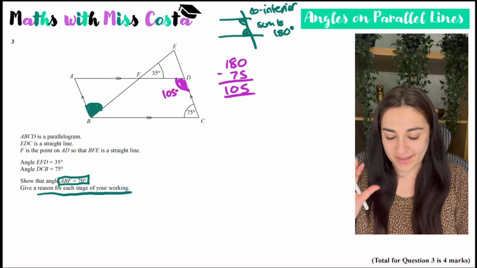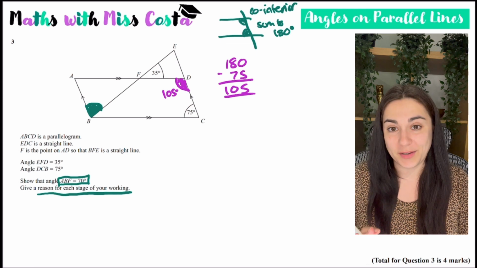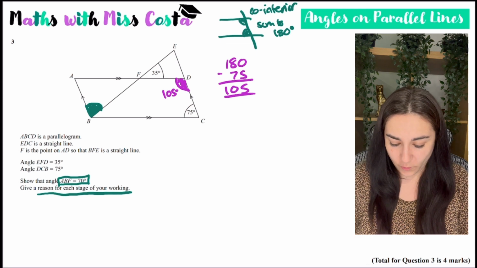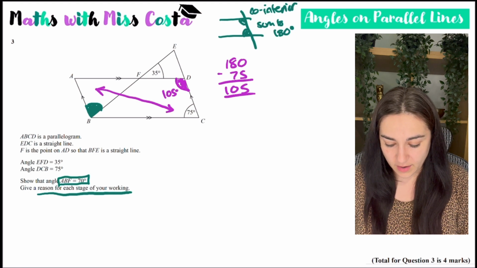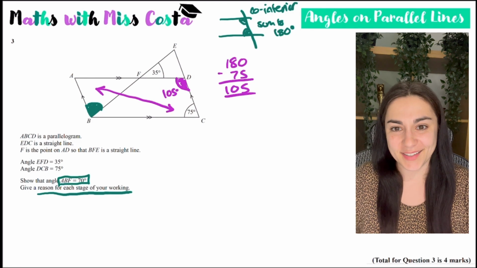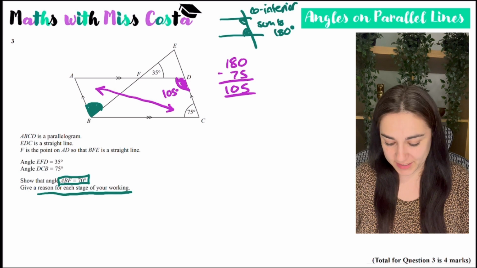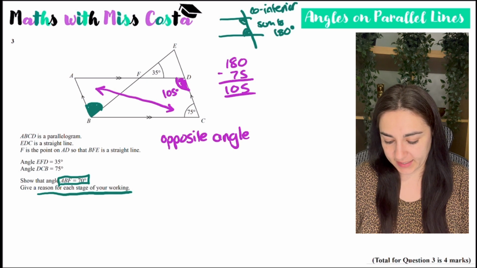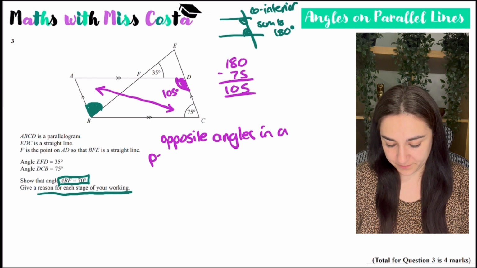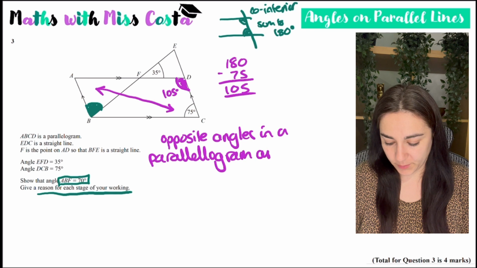Now, there's another rule that you may not be familiar with, which is that opposite angles in a parallelogram are equal. So let's just write that one down. Opposite angles in a parallelogram are equal.